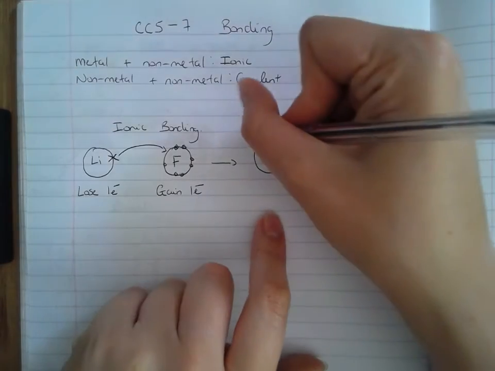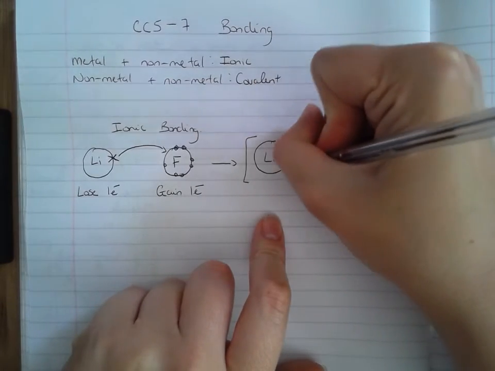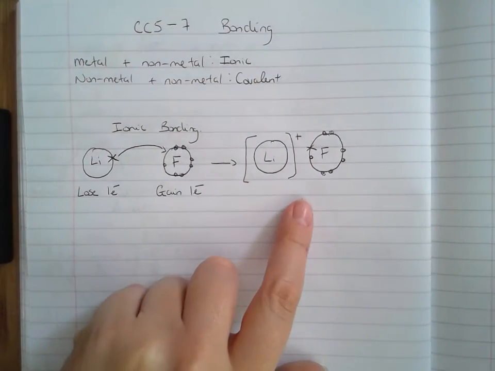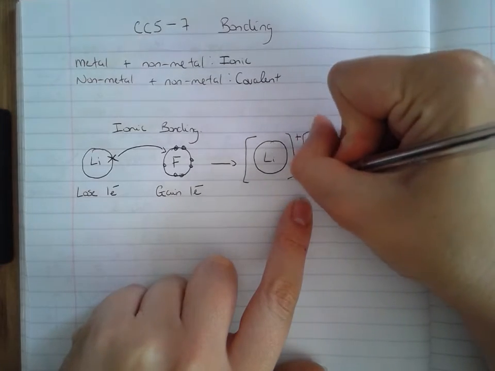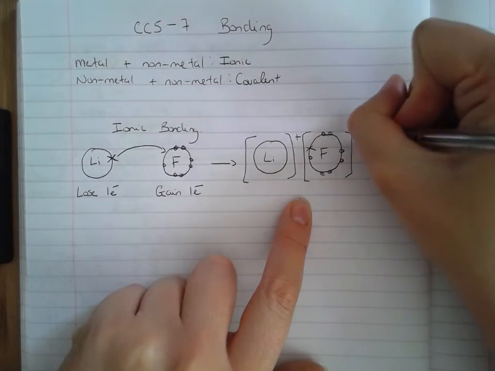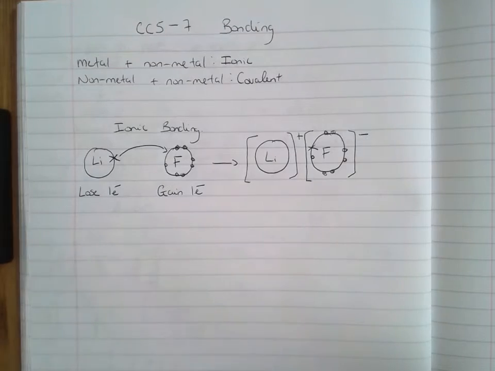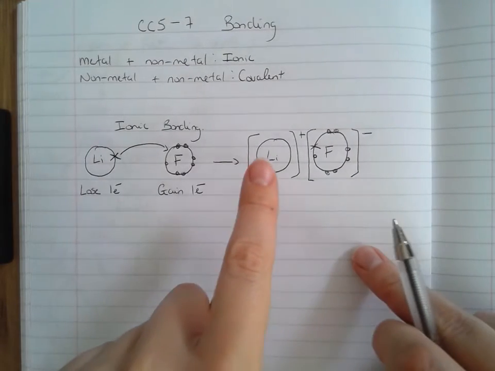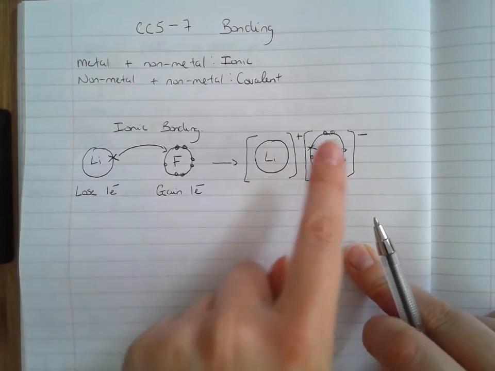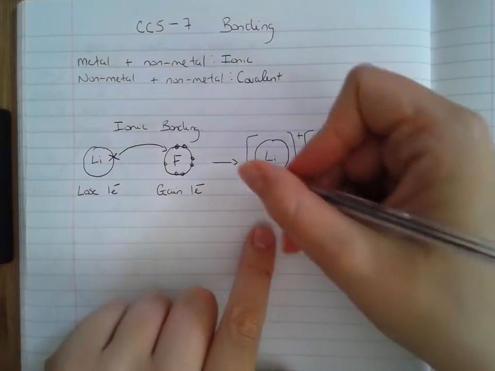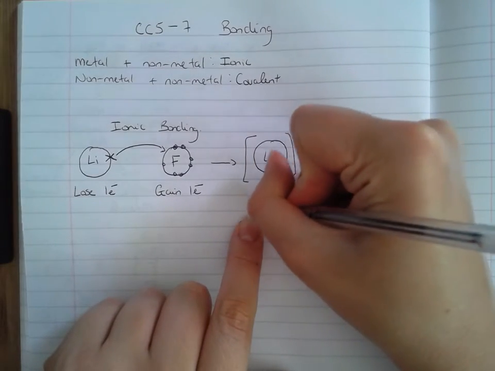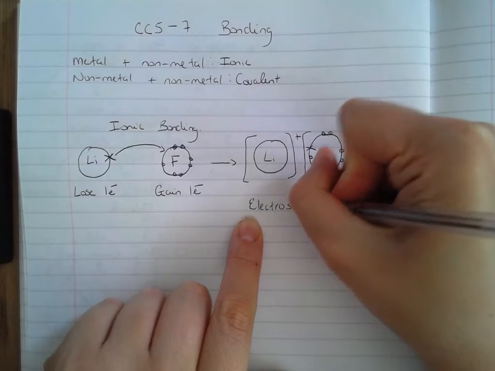Because lithium has lost an electron, it has a positive charge. Because fluorine has gained an electron, it has a negative charge. There's an attraction that holds something positive to something negative. And this attraction is called the electrostatic attraction.